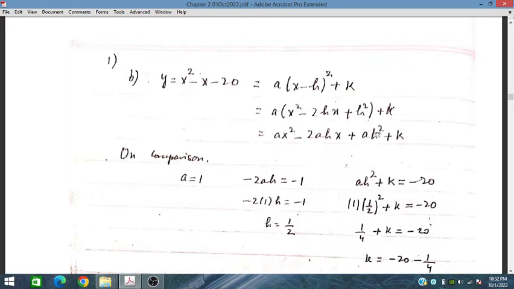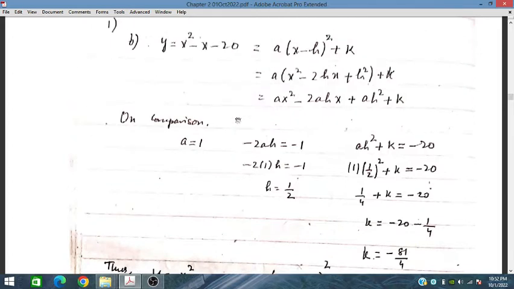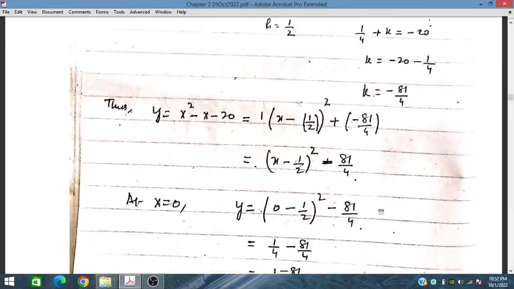Similarly, ah² + k: the a and h values are used from here to get the value of k, which is this. So we can write this parabolic shape in this form, and this form becomes this one. We can draw the shape of the parabola using this form.